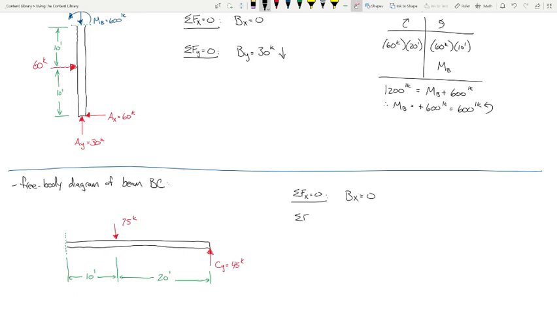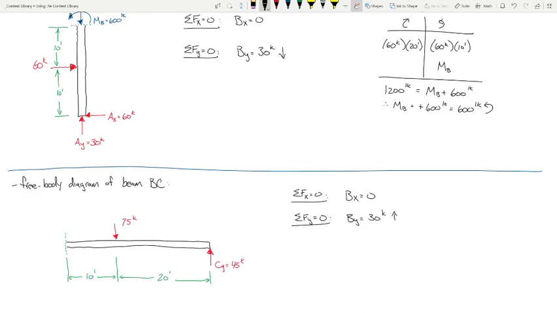What about summing forces in the y direction? Let's chew on this a little bit. I have 75 going down, I have 45 going up, so what's got to happen here? 30 going up. So BY is 30 kips going up.